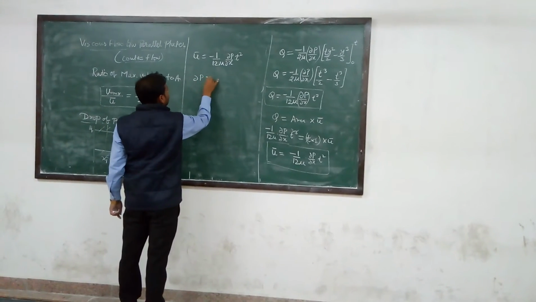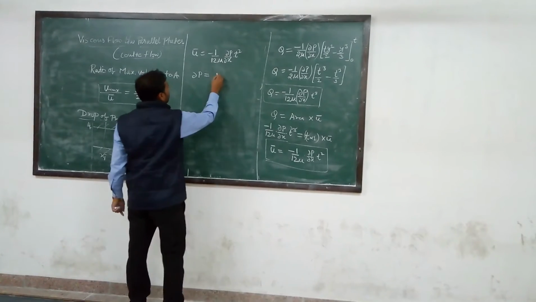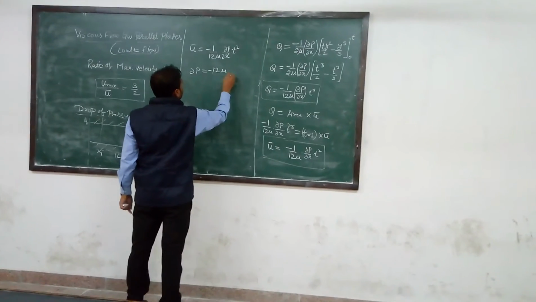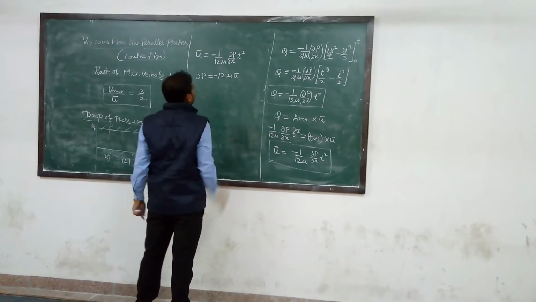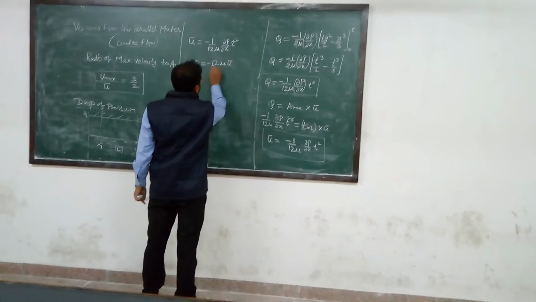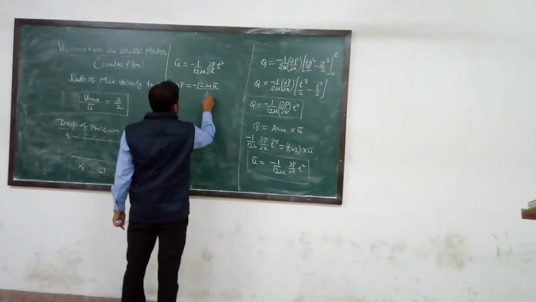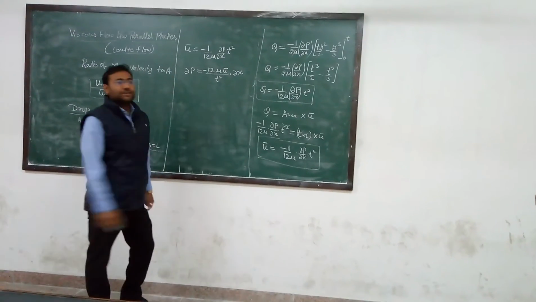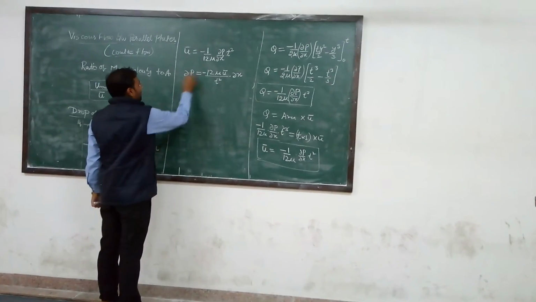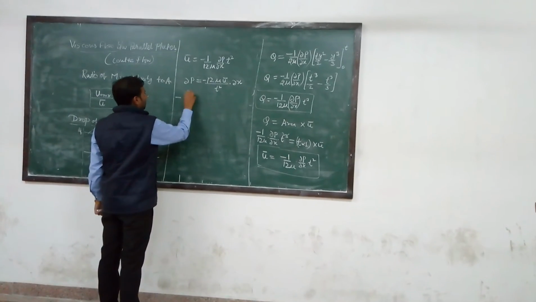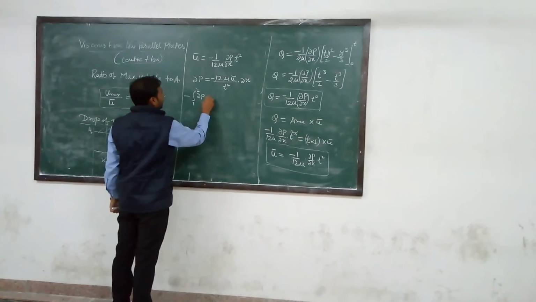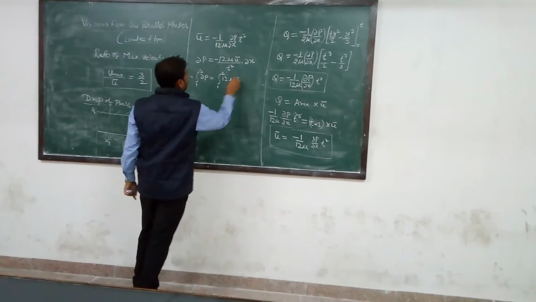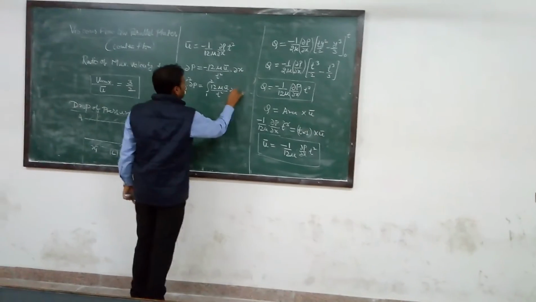Del P is equal to minus 12 mu U bar upon T square into del X. Integrated from 1 to 2, with the minus sign on this side, del P from 1 to 2 is equal to 12 mu U bar divided by T square del X.